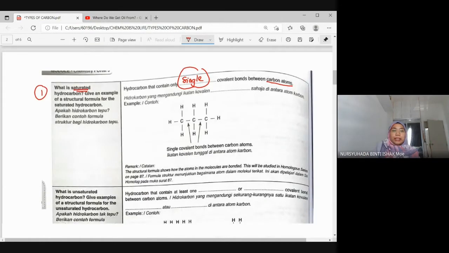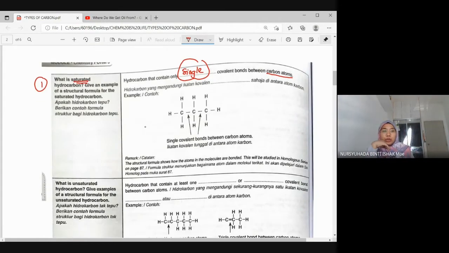So this one is the example. Kamu tengok contoh ni. Between C and C, between carbon and carbon, only single covalent bond between these two C. Sama juga. So ini kita panggil sebagai saturated hydrocarbon. Okay, siapa yang dah belajar tuition? Apa nama ni?